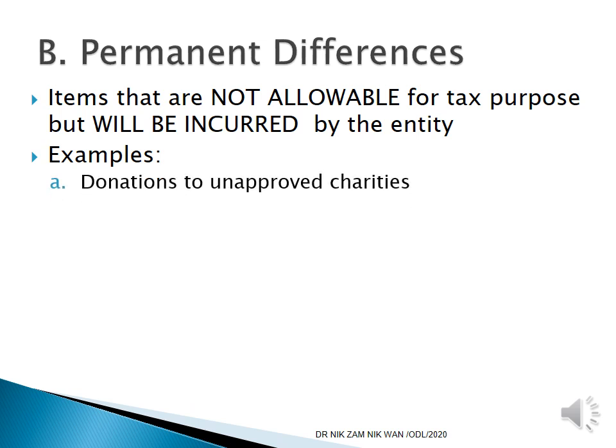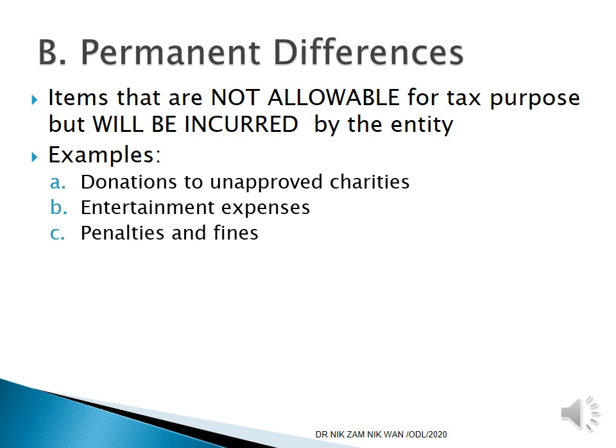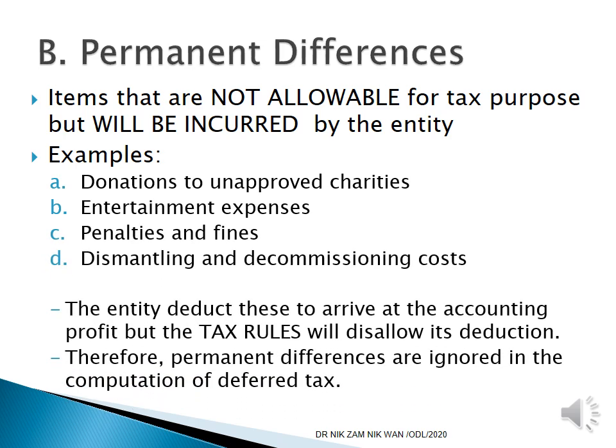For example, donation to an approved charity, entertainment expenses, penalties and fines, dismantling and decommissioning costs, meaning that the entity deducts these to arrive at the accounting profit, but the tax rule will disallow their deduction. Therefore, permanent differences are ignored in the computation of deferred tax.